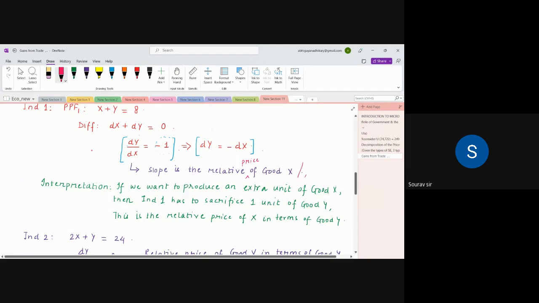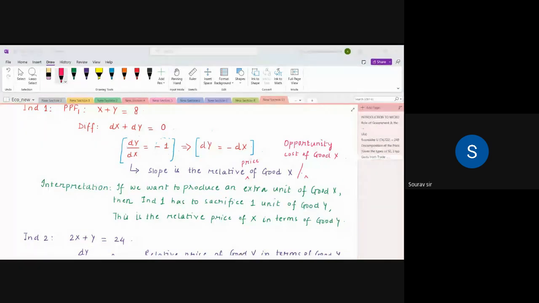This can also be known as the opportunity cost of good X, right? Does anybody remember what opportunity cost means? Anyone? So, best alternative foregone. Yeah, this makes sense.